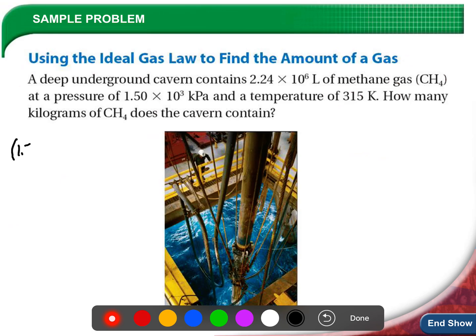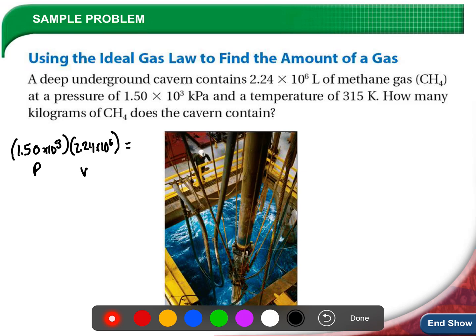So the pressure is 1.5 times 10 to the 3rd, so that's P. V is 2.24 times 10 to the 6th liters, okay?